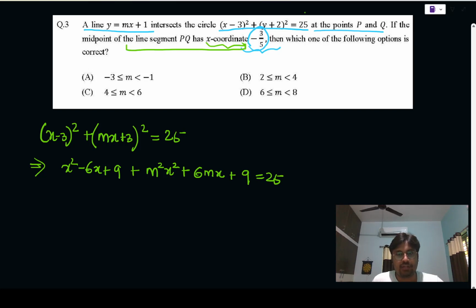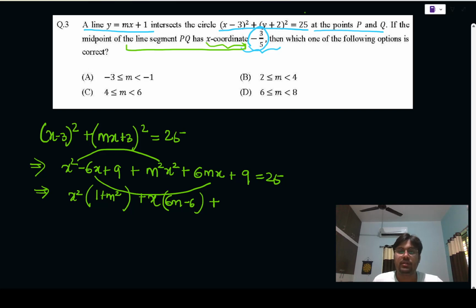This is 25. Take x square common, you will get 1 plus m square, these two terms, plus x common, you will get 6m minus 6, these two terms, plus 9 plus 9 is 18, but I'll bring 25 this side, so it's basically minus 7 equals 0.